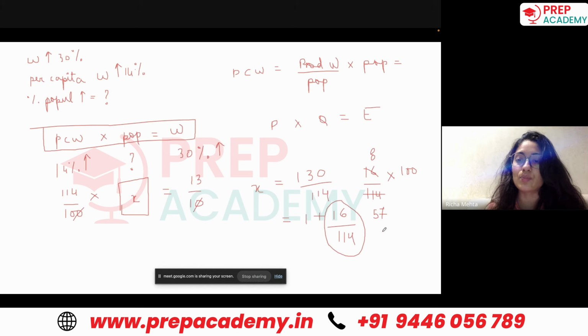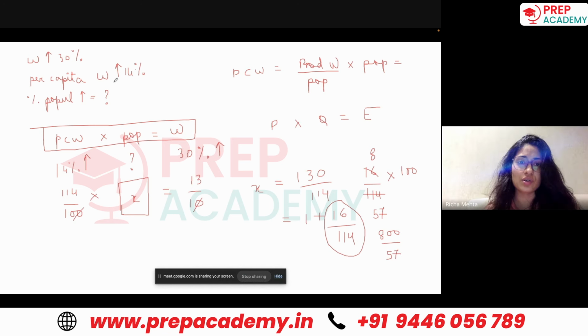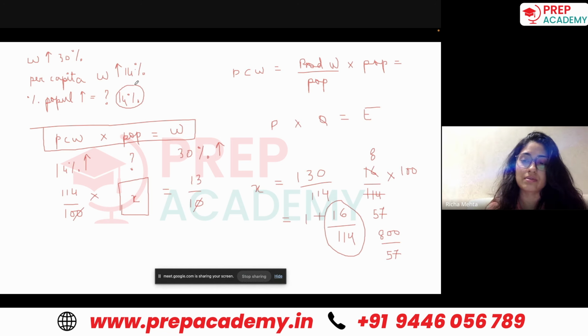So 800 upon 57 is what I'm getting. 800 upon 57 will be 14.03, so it is closest to 14%. That should be your answer.